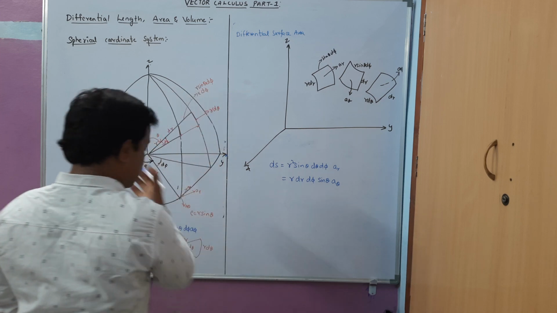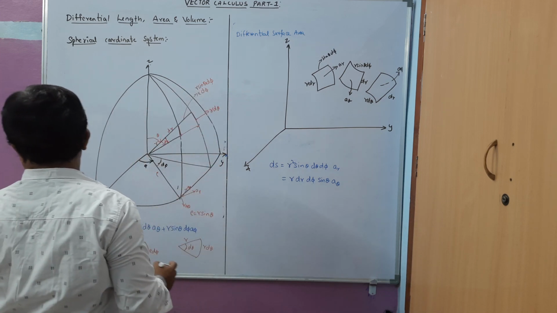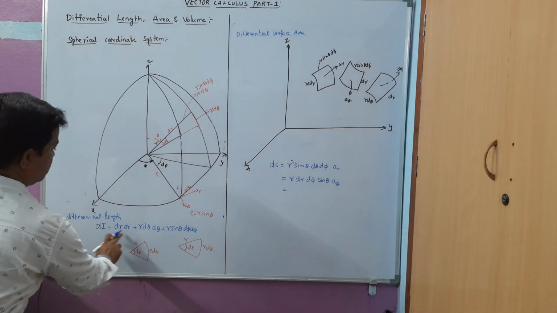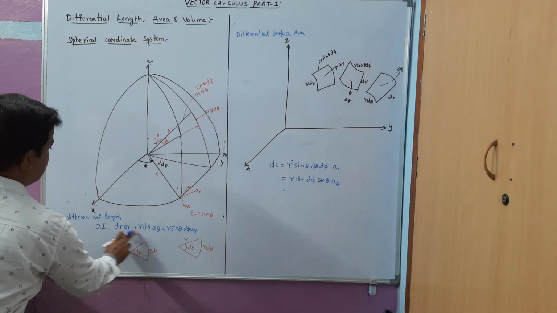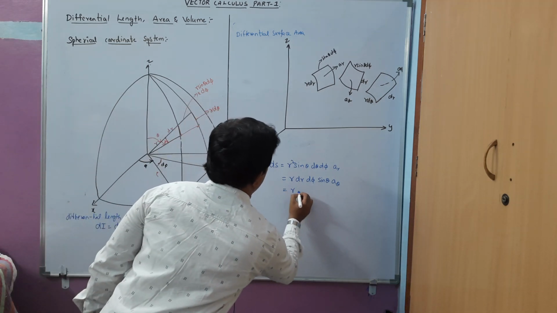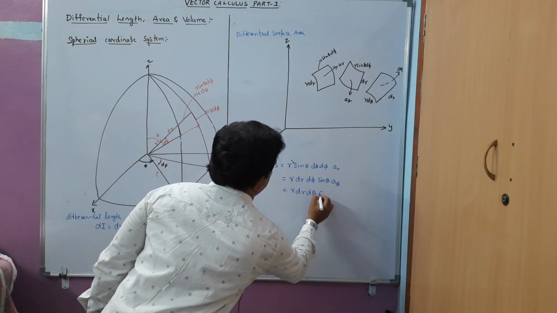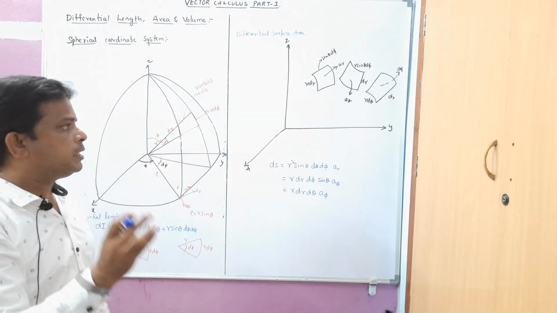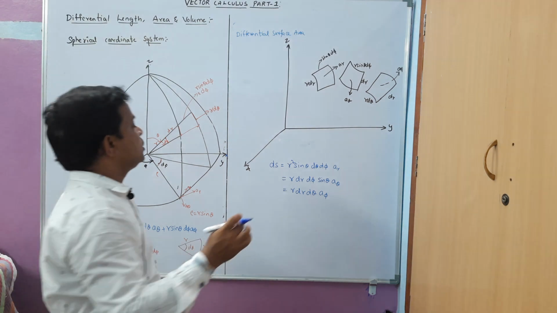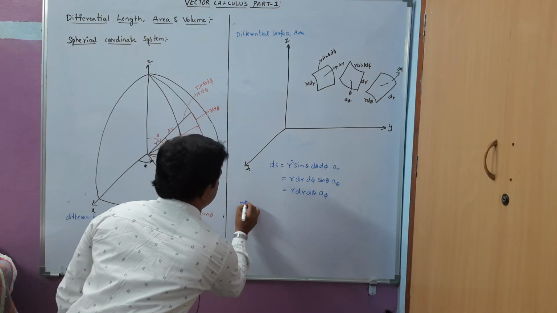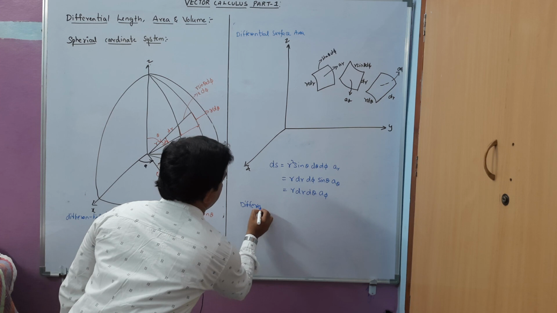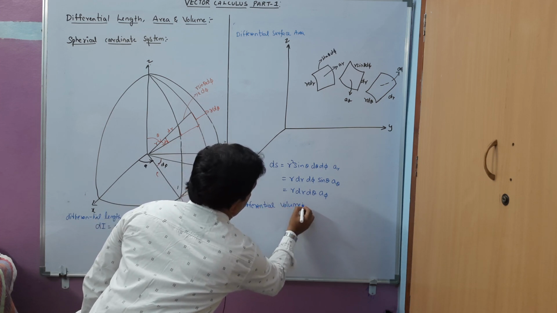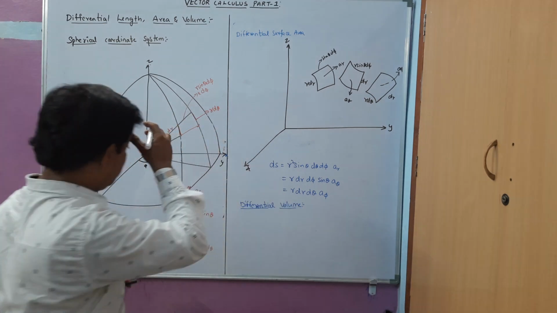Next, along the phi direction, we multiply these two, that is R dr d theta into A phi. So these are the elemental surface areas along the r direction, theta direction and phi direction. To calculate the differential volume, we take the product of all of these, removing the unit vectors.